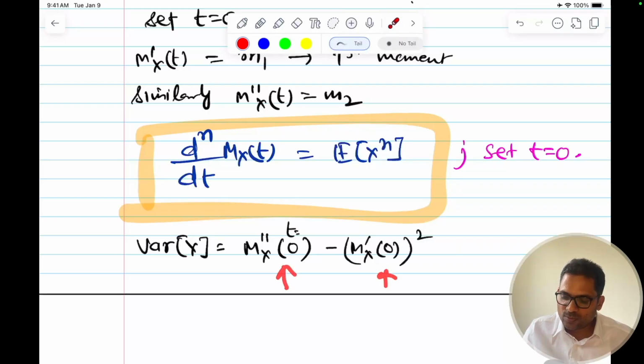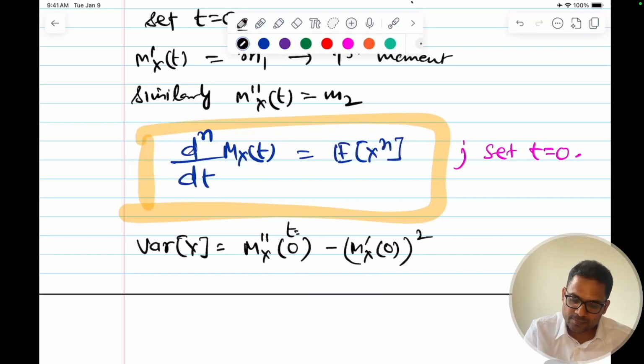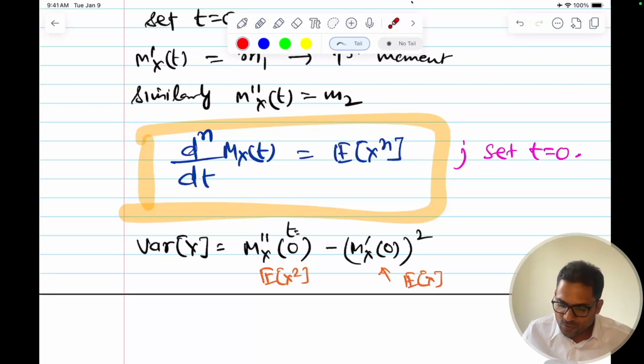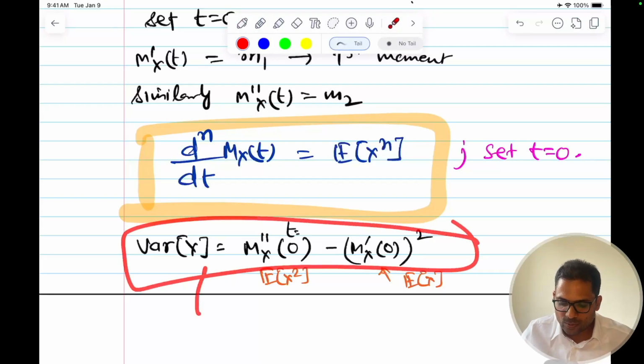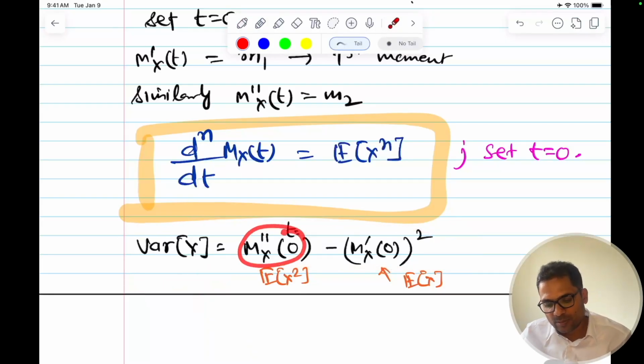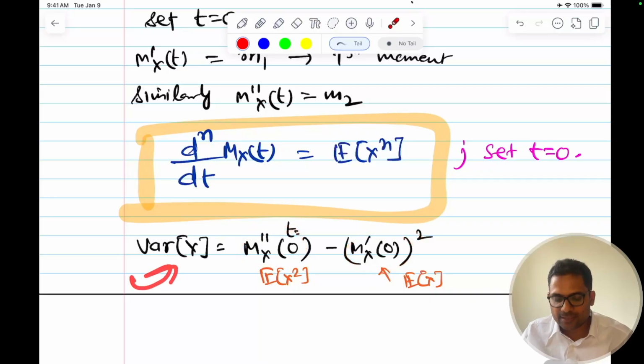Second moment minus first moment whole square. This is my expectation of x, and this is my expectation of x square. So using the moments we can calculate the variance directly, and this is what makes it so computationally easy.